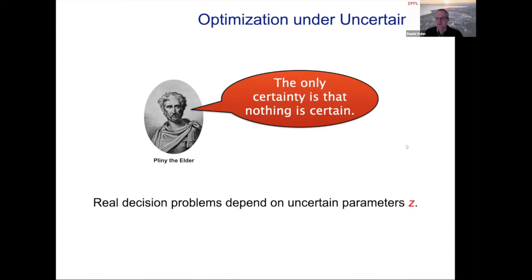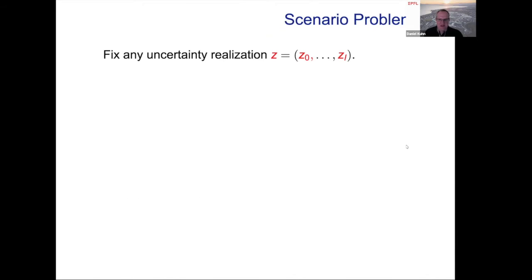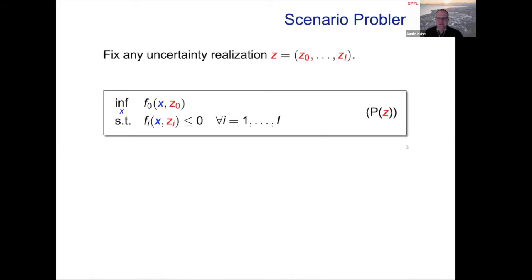So in the following, we thus study decision problems that depend on uncertain parameters Z. Specifically, we assume that the objective function depends on the uncertain parameter Z0, and the ith constraint function depends on the uncertain parameter Zi. So to build up some intuition, it is maybe instructive to first fix a vector Z of uncertainty realizations and to study the scenario problem P of Z, which represents our decision problem for a fixed known uncertainty realization.